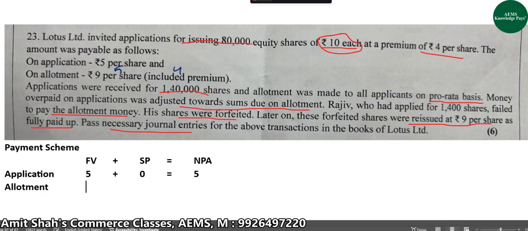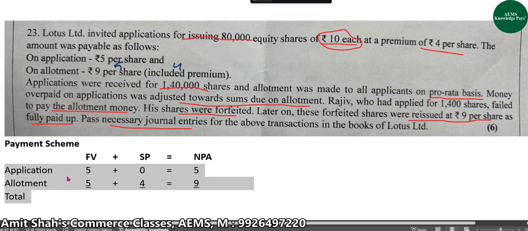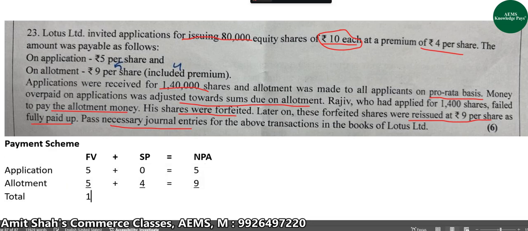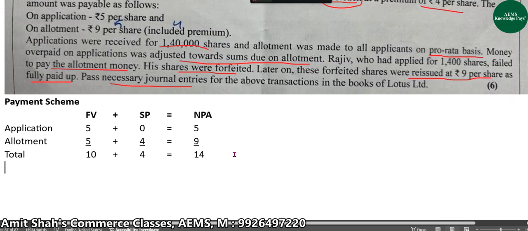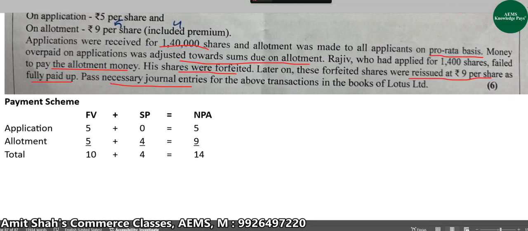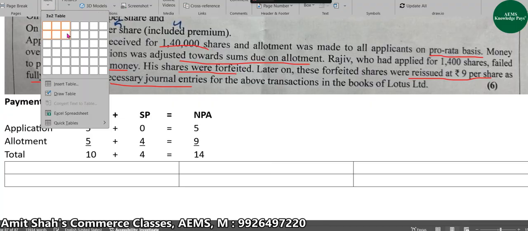On allotment, face value is 5, premium is 4, so net payable amount is rupees 9. This is how the total amount payable for face value is 10, total amount payable for premium is 4, and total amount per share payable is rupees 14. 5 plus 9, 14. Am I clear, guys? Yes, sir.